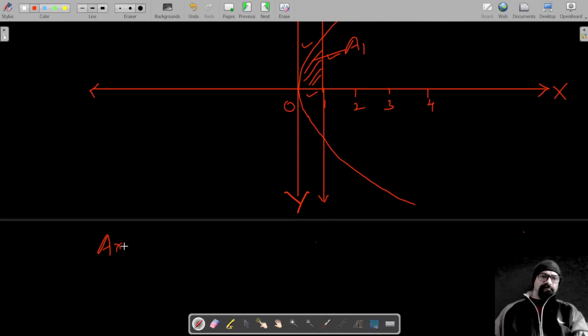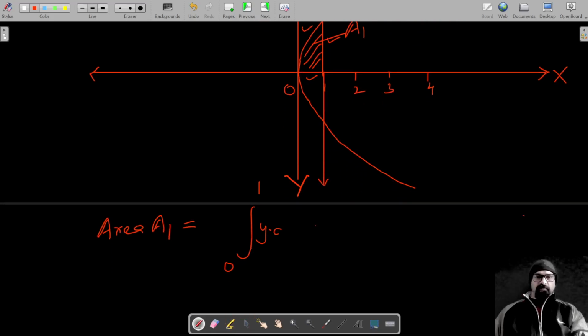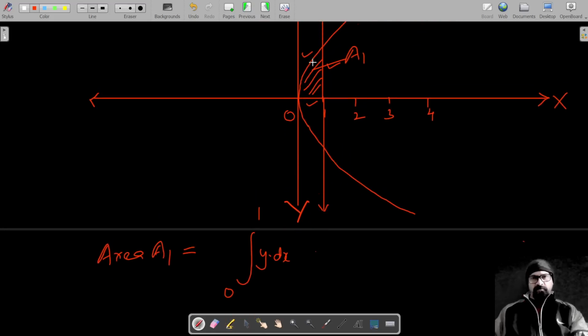So area of region A1 will be the integration, and limit goes from 0 to 1, of y into dx, because we are going to consider this region as made up of small rectangular strips like this.